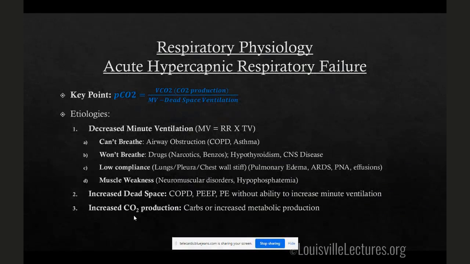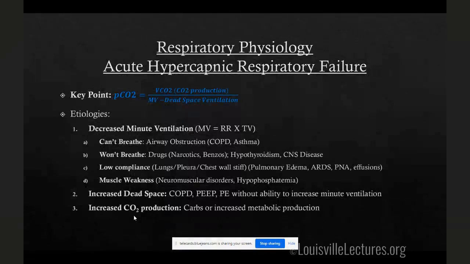As far as causes of decreased ventilation, you can think about it in terms of four concepts. Is the patient breathing? Is it because they can't breathe from obstruction, from COPD or an asthma exacerbation? Are they not able to breathe because their brainstem function is depressed from opiates, benzos, endocrine pathologies, things like that? Are their lungs very stiff, and so they're not able to mobilize using their baseline muscles to breathe better?